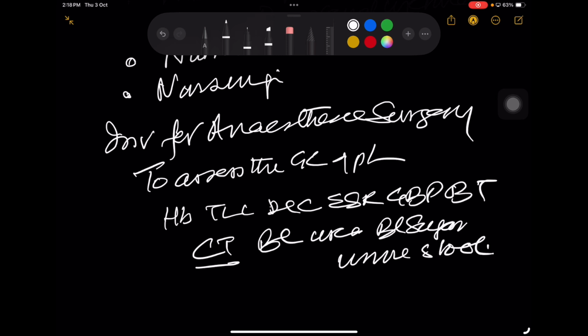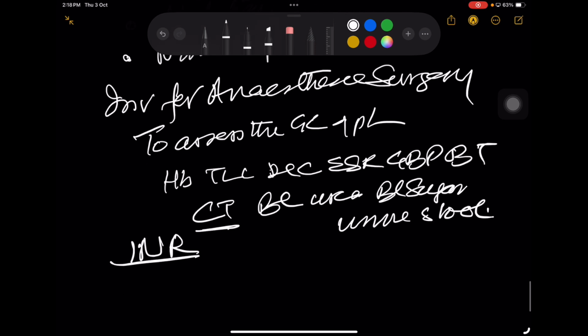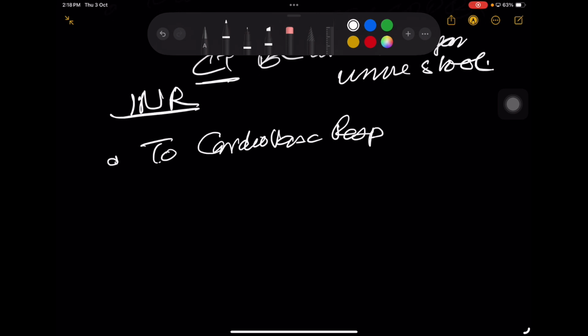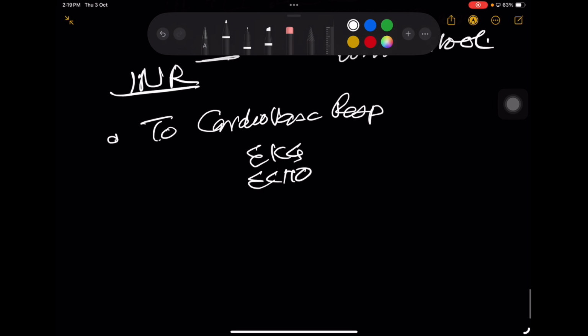Now instead of the BT, CT, you can do INR or coagulation time. Then I want to assess the cardiovascular and respiratory status. To assess that, I will do an electrocardiogram, an echo, and at least an X-ray of the chest, PIMS.